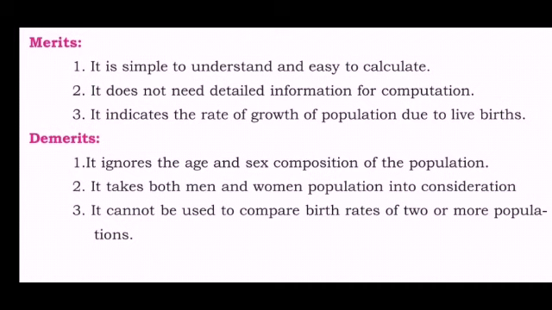And third demerit is, it cannot be used to compare birth rate of two or more populations. So this CBR cannot be used to compare with other locations' birth rate, because the age and gender composition will differ from one place to another place. If you take the example of India and China, though India and China's populations are almost equal, when it comes to gender composition and age composition, they are different.